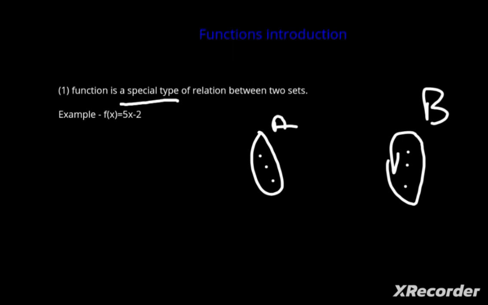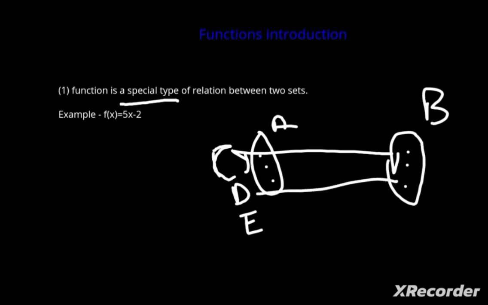For example, in set A the elements are C, D, and E. So C should be mapped to an element in B, and D also, and E also. They can be mapped to the same element also.